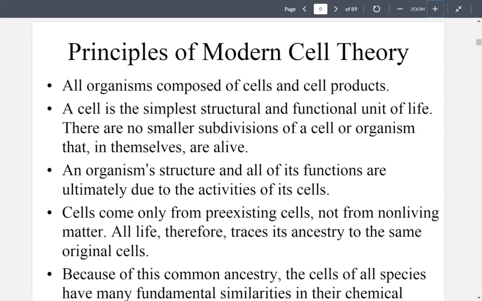Life is not created from a rock, things that are non-living. Because of this, all life is going to trace its ancestry through the same original cells. We have yet to find anything that refutes this theory, and that is where really the study of zoology comes into play, is tracing that ancestry.